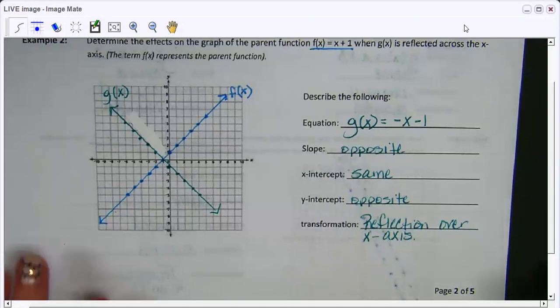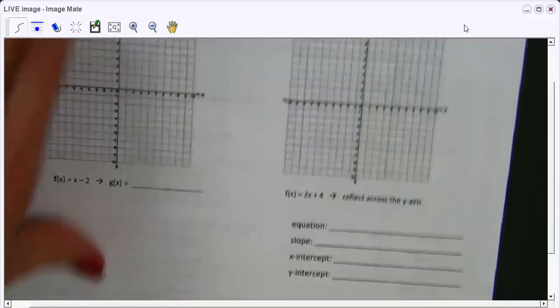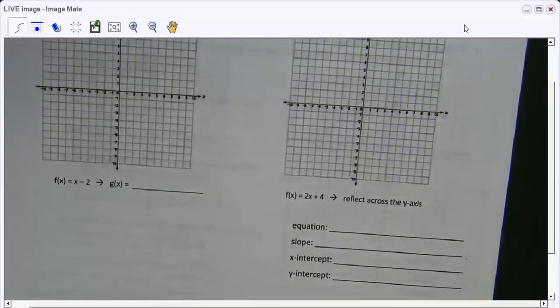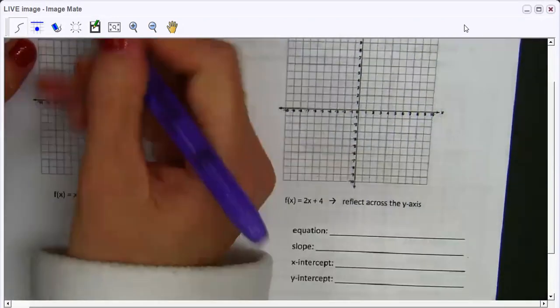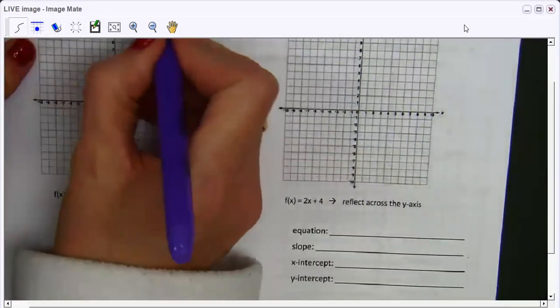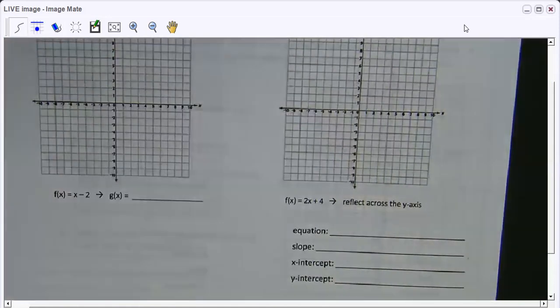All right, let's go to a reflection across the y-axis, which is page 3. This flips the parent function across the y-axis, and you only multiply the slope by -1. Why? Because it has a y-intercept, and the y-intercept will stay the same because it's reflecting across that y.